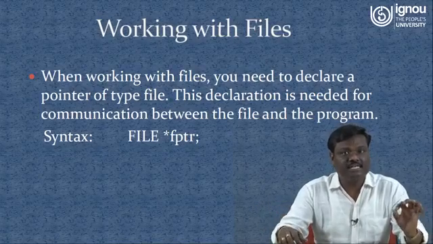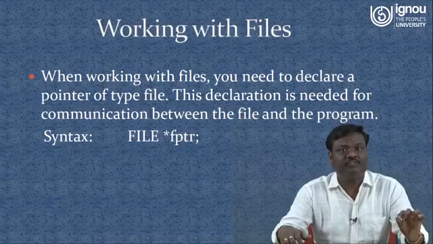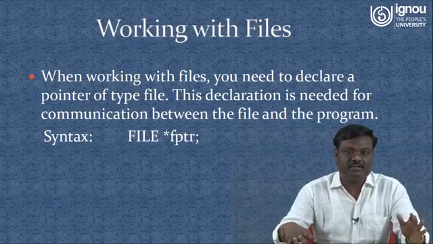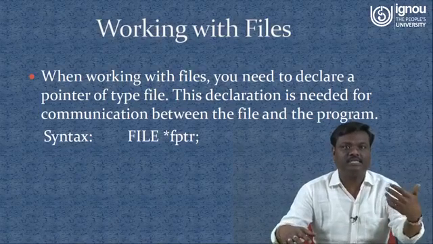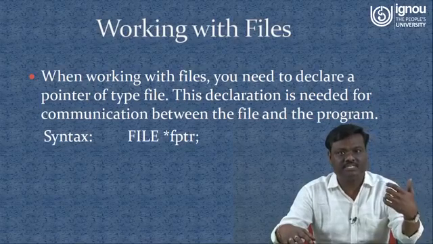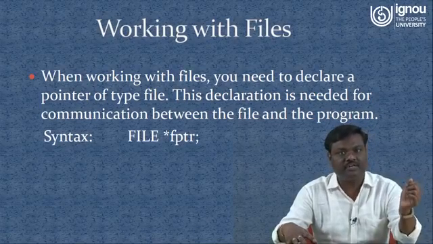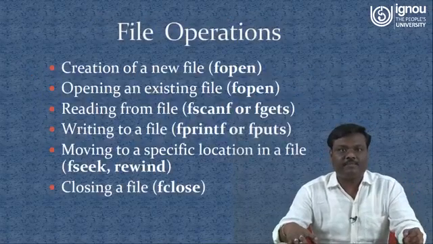This declaration, you must understand, is needed for communication between the file and the program. This is a must. In the declaration part, whenever you declare the variables, the structures, and the functions, the first part is to declare the files whenever you want to use them during the course of programming.